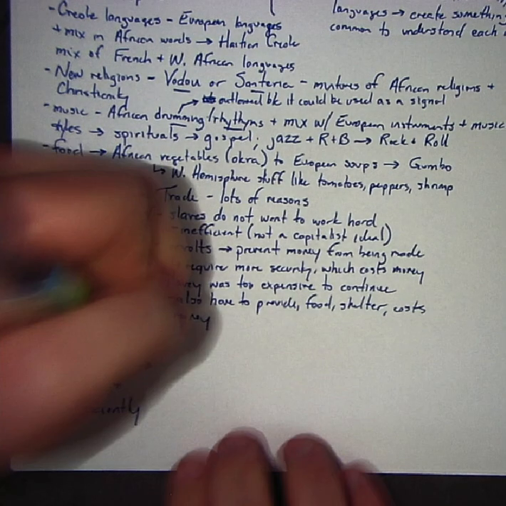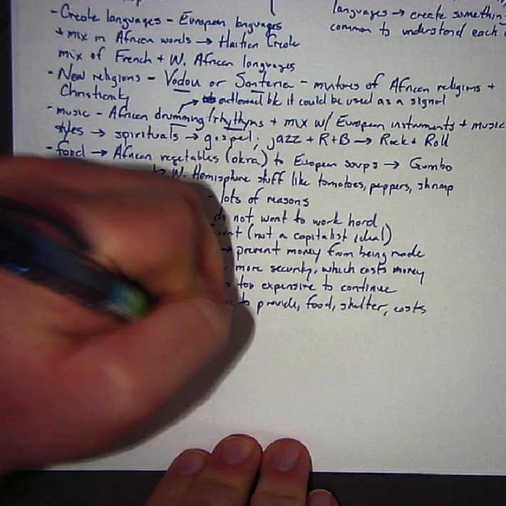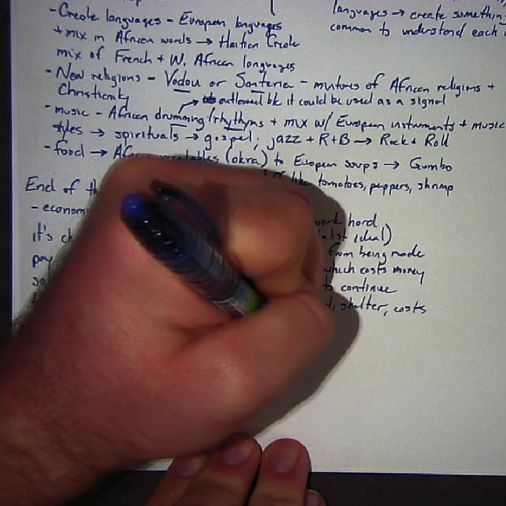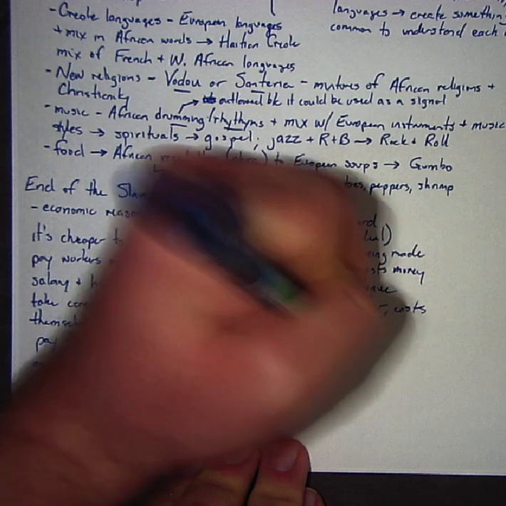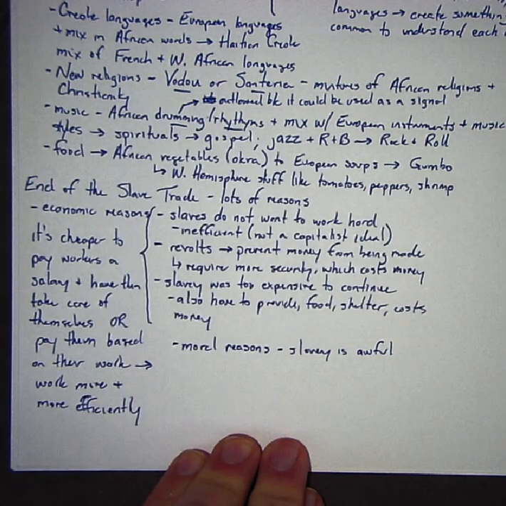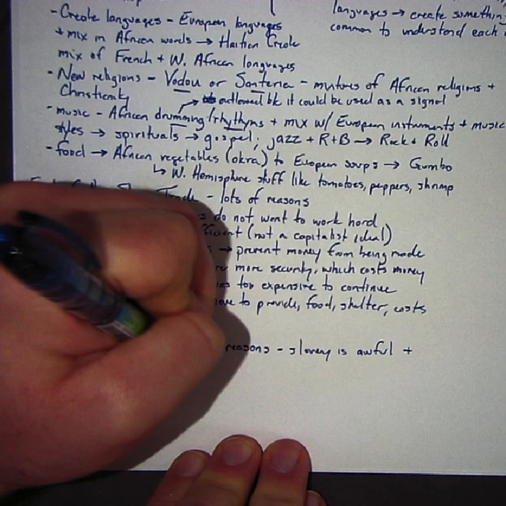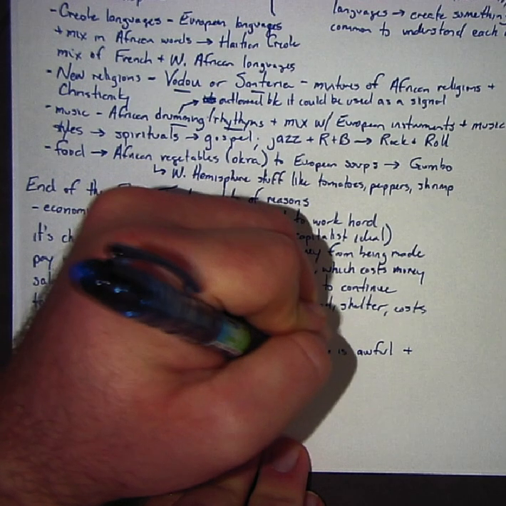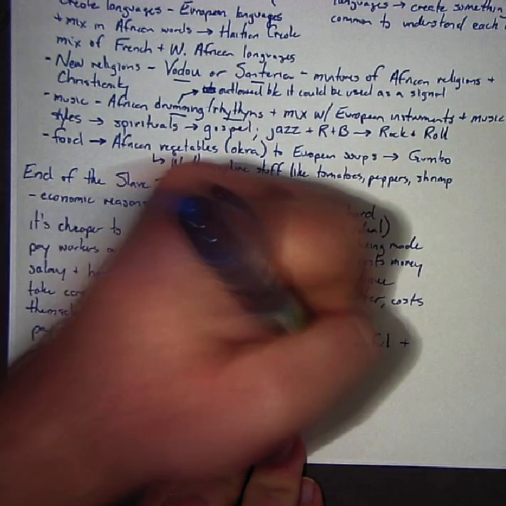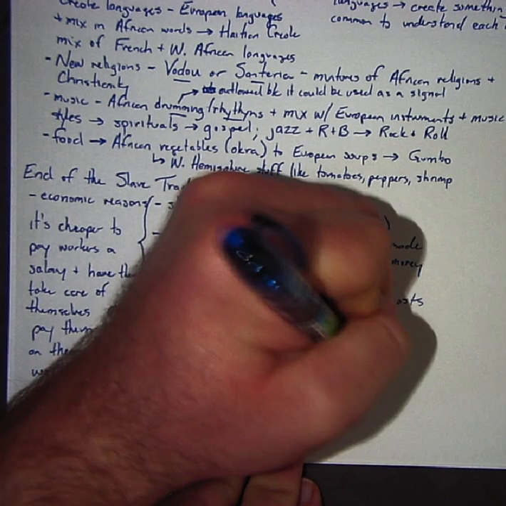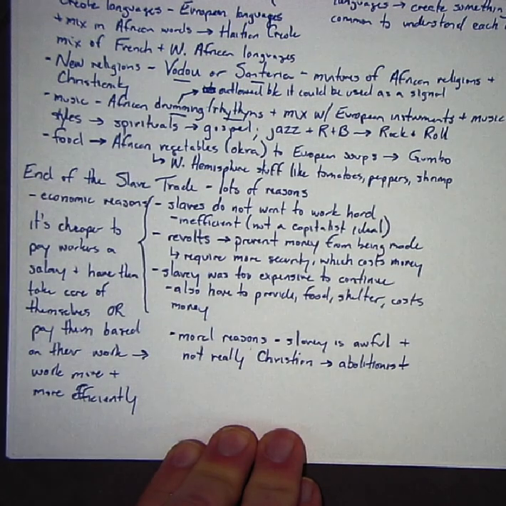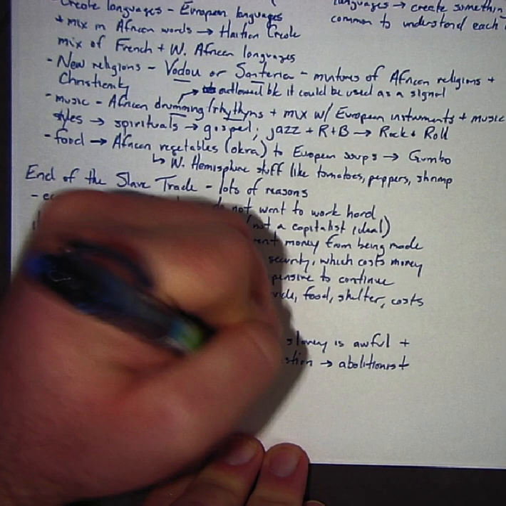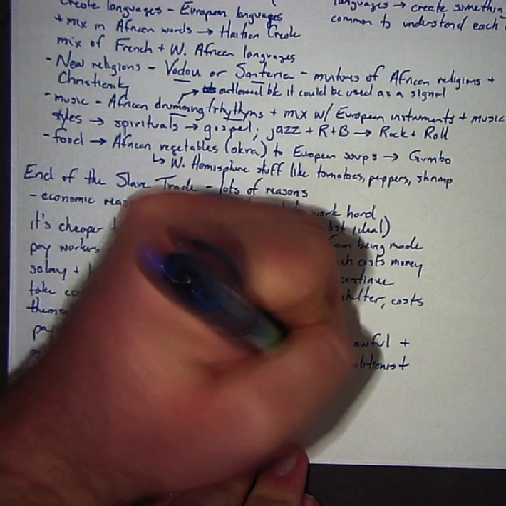There were also, I guess we need to talk about the moral reasons, in that slavery is awful and not really Christian. And so we get a bunch of abolitionist societies that make these arguments.